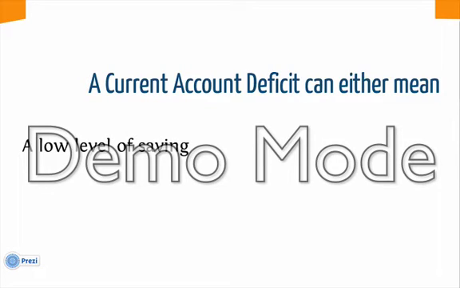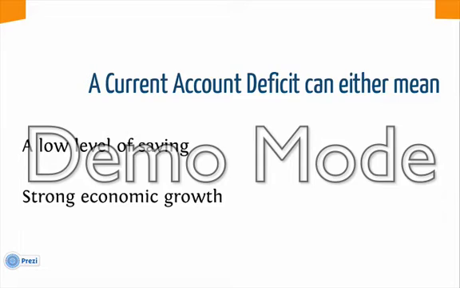As it turns out, a current account deficit can mean either one of two things. It can imply a low level of saving, and as I said, that is a bad thing. However, it can also indicate strong economic growth. If a country is unable to meet its own demand because it's growing, then having to rely on purchasing those extra goods and services from overseas isn't necessarily a bad thing, as it contributes to the country growing.